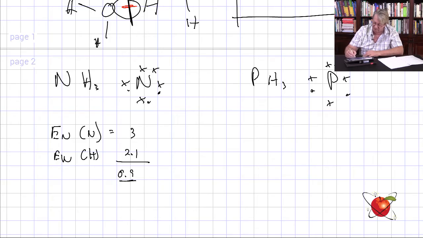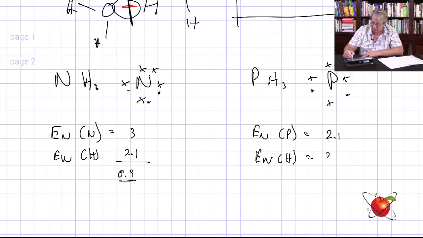whereas for PH3 the electronegativity of phosphorus is equal to 2.1, and the electronegativity of hydrogen is also equal to 2.1. The difference is equal to 0. Okay, so what have we got here? We have got a 0.